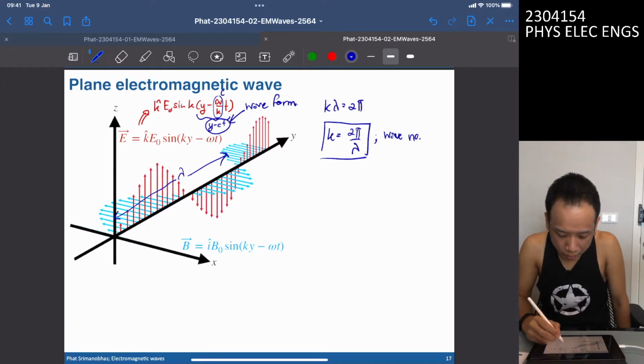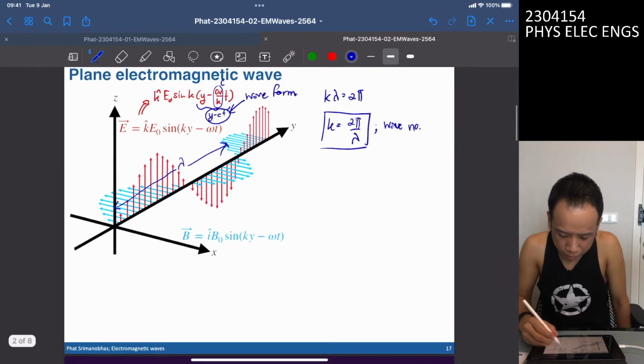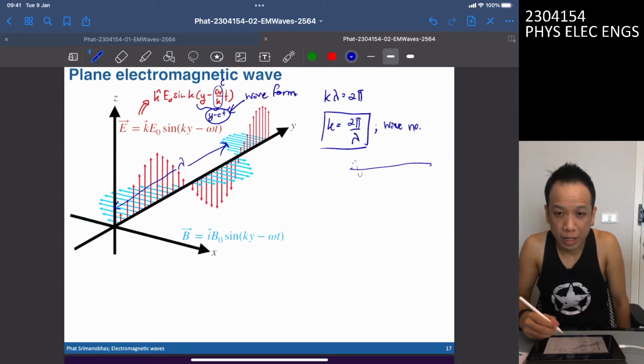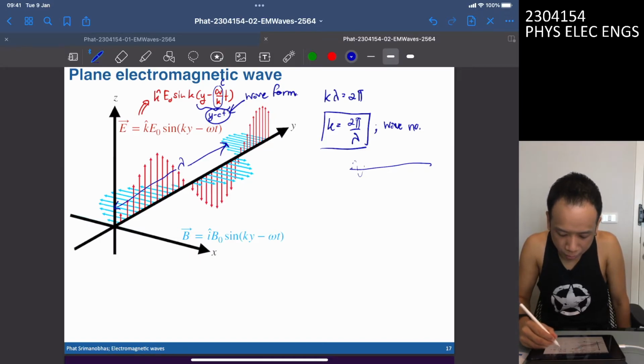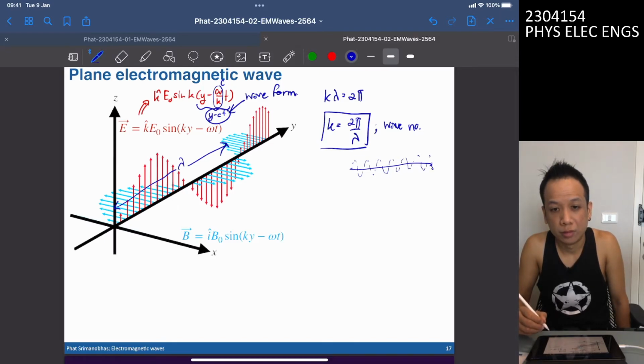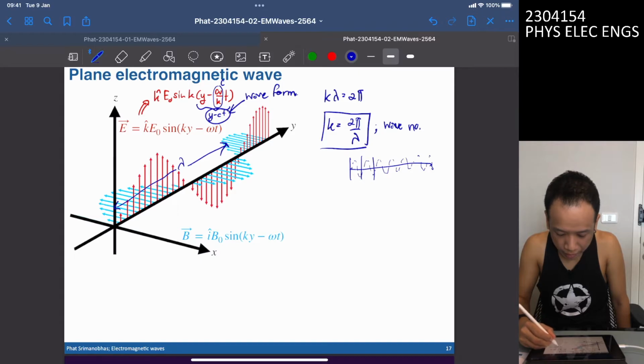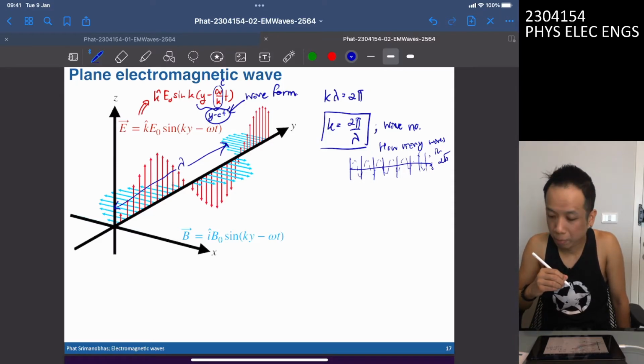For example, if you have a string and a wave with wavelength lambda, k tells you how many waves you have in 2 pi length. This is how k is represented, how many waves in 2 pi.